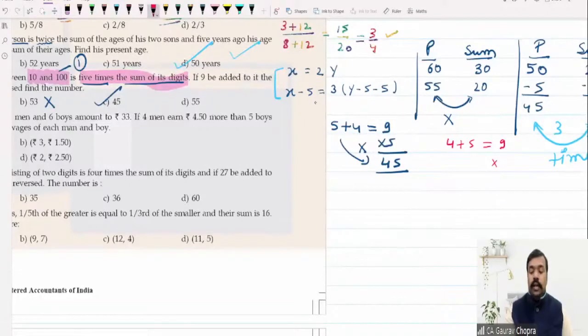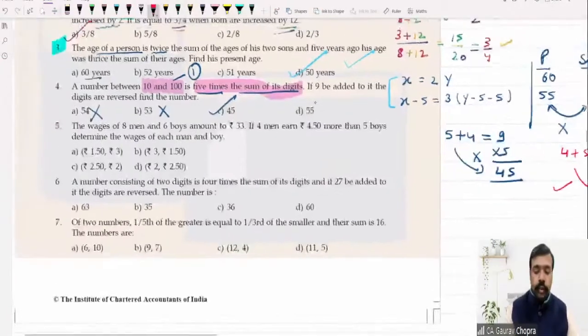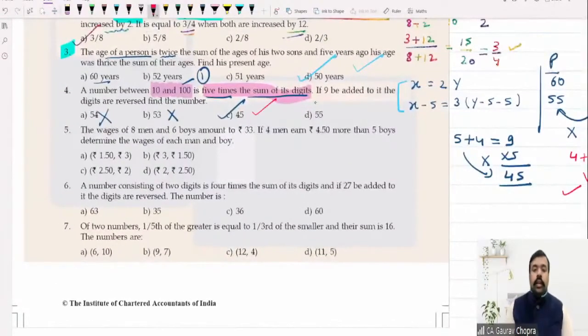And when we multiply it by 5, the number becomes 45, and hence the condition is very well satisfied. So this is option C, which is correct.